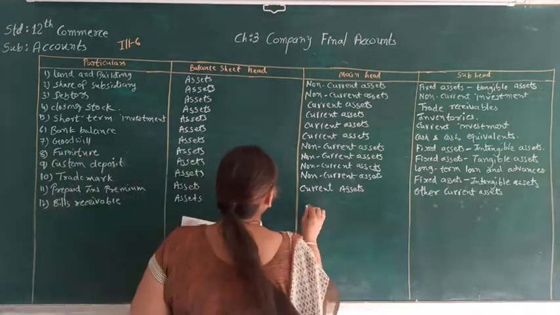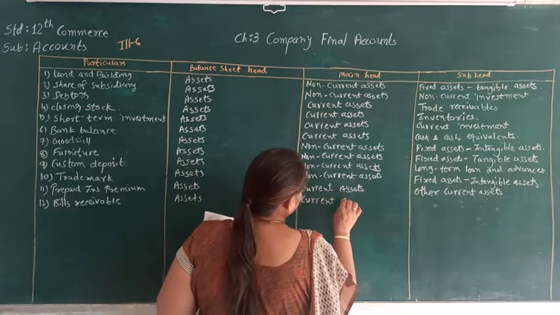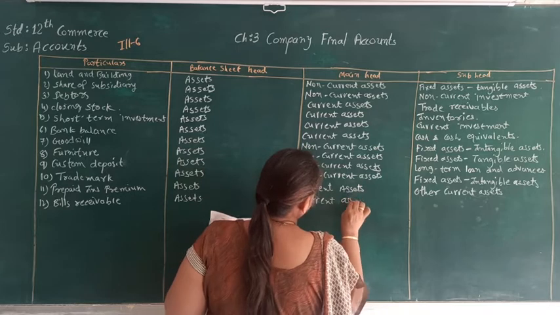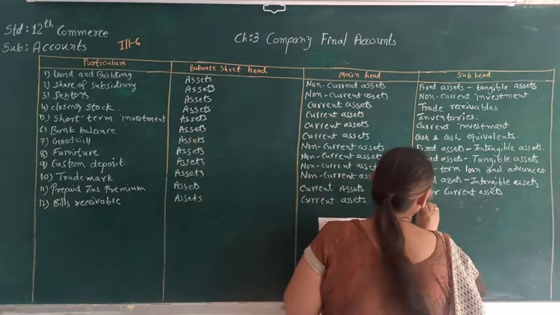So here it will be current asset. Under the head current asset, it is a trade receivable.